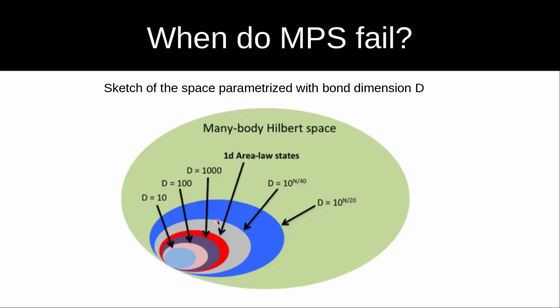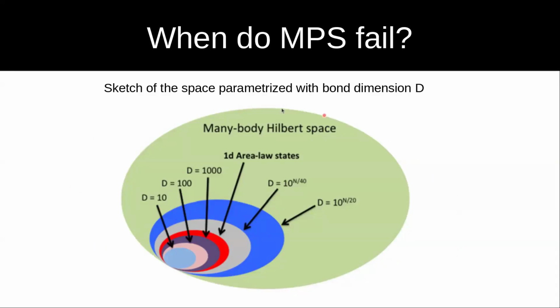The interesting thing about the matrix product states is that by just changing the size of your matrices, you can parameterize a bigger or smaller portion of your Hilbert space. So if you take a small bond dimension, you parameterize a very small part of your Hilbert space. If you take a bigger bond dimension, you parameterize a bigger part, a bigger bond dimension, an even bigger part, and so forth. And eventually, if you take a bond dimension that is large enough, you can parameterize the whole Hilbert space.